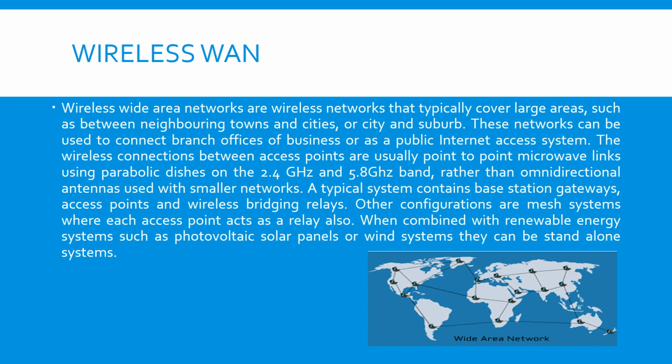This type of technology utilizes a microwave type of network where we send signals from one tower to another tower, and likewise we connect to different networks around the globe.